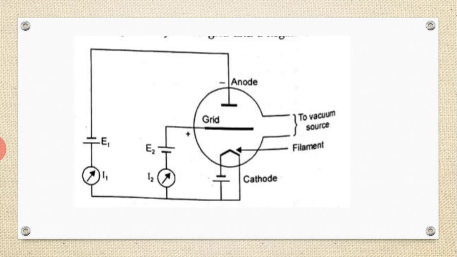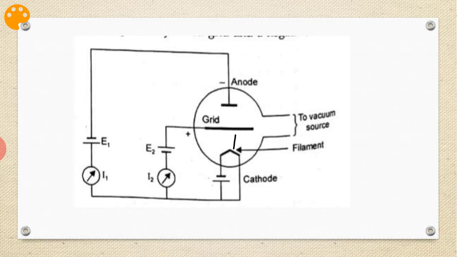Now I will explain the working. When the cathode filament gets heated up, it emits electrons. Electrons are negatively charged.